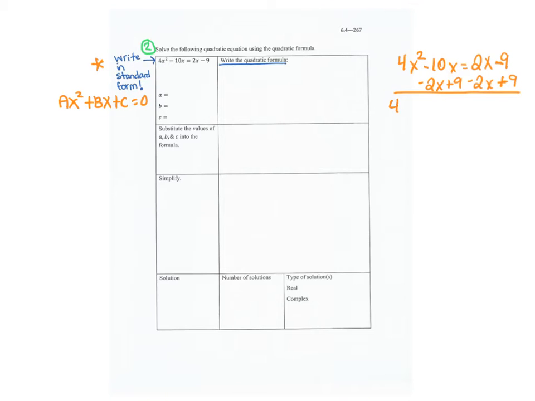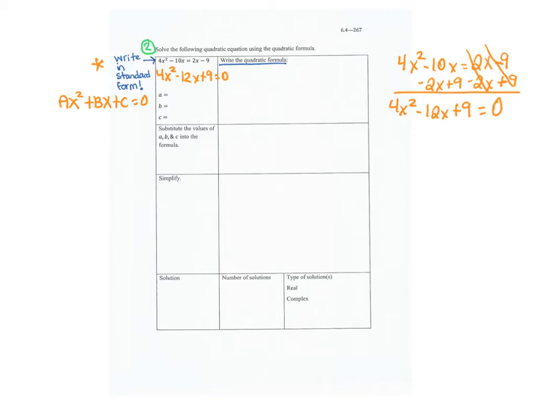So 4x squared, bring that down. Negative 10x minus 2x would be negative 12x. Nothing plus 9 would be plus 9, equals 2x minus 2x is 0. Negative 9 plus 9 is 0. That's what I want. So now it is in standard form. So we have 4x squared minus 12x plus 9 equals 0.